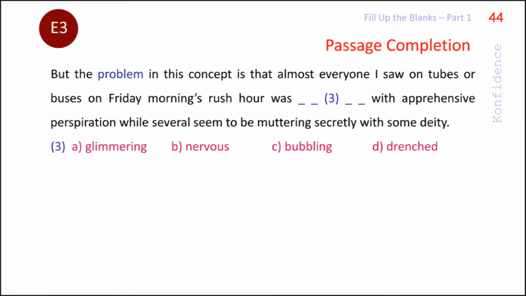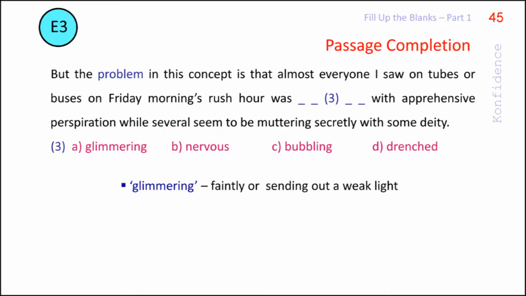Now, the third blank, the words with apprehensive perspiration that follow this blank give us a clue. Option A, glimmering means faintly or sending out a weak light. This word does not give any meaning to the sentence. Option C, bubbling means to become lively. Bubbling with apprehensive perspiration is a ridiculous usage.